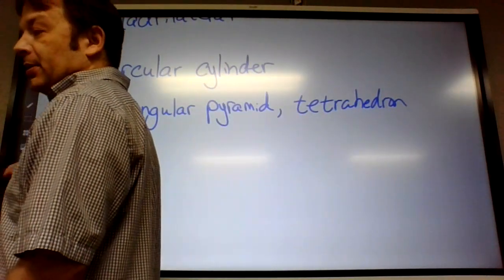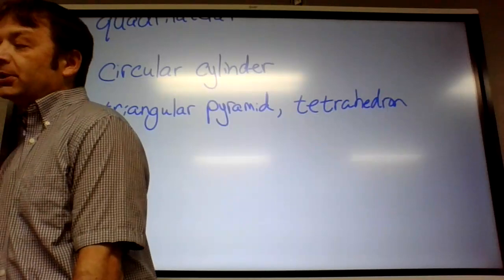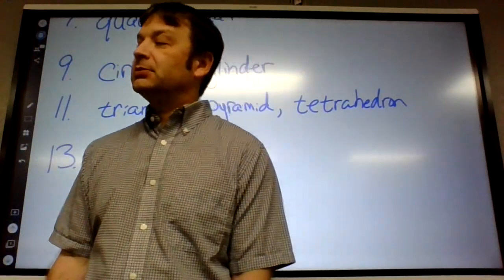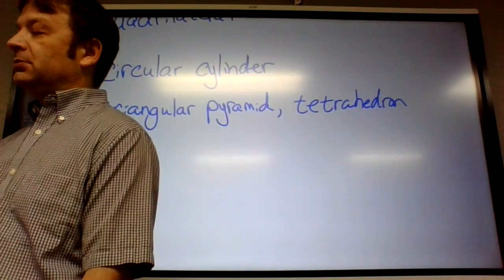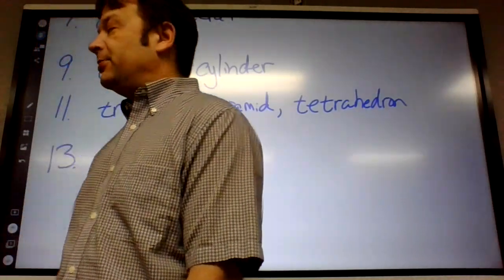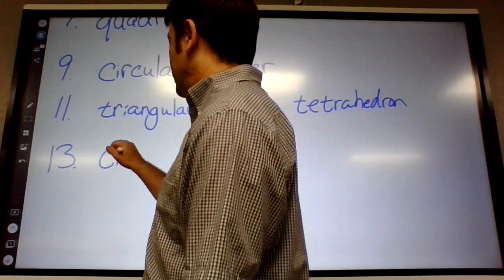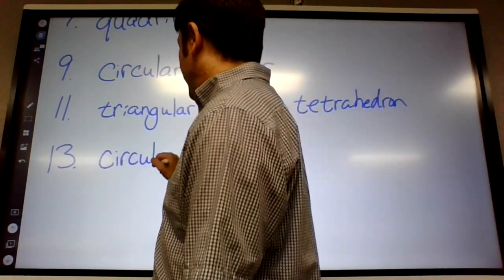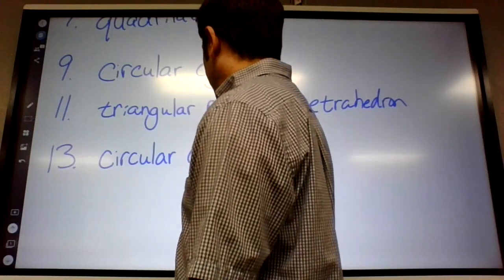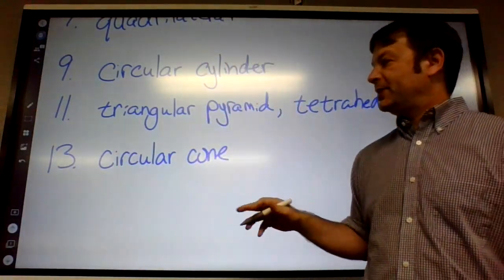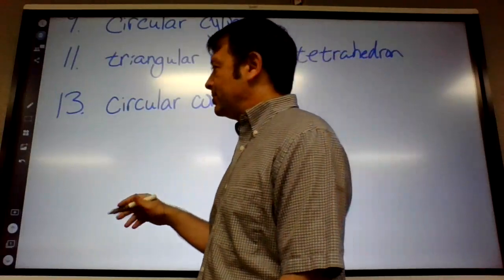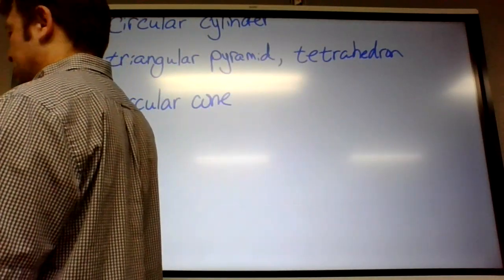Okay, 13. What is that? Circular cone. If you just put cone on that one, I wouldn't care. But I'll go ahead and write circular. The base is a circle. Is it a polyhedron? No, so we don't have to name it according to its number of sides.